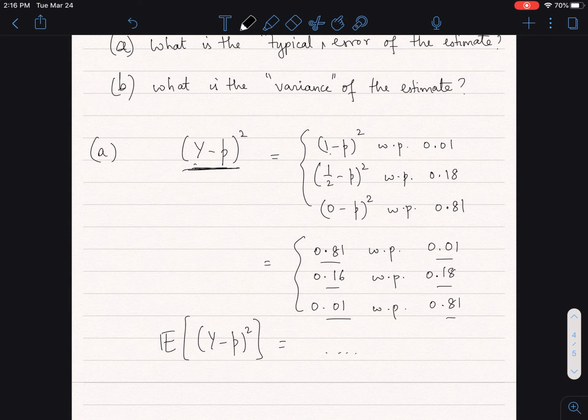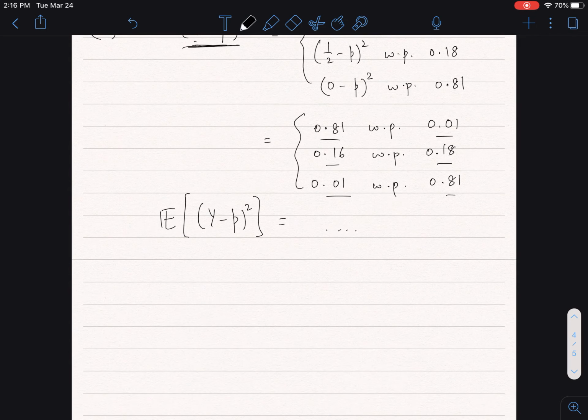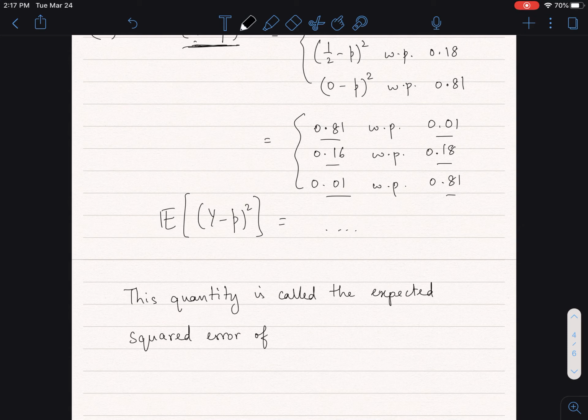So this quantity, the expected value of (Y minus p) whole squared, is called the expected squared error, or the mean squared error, of the estimator.